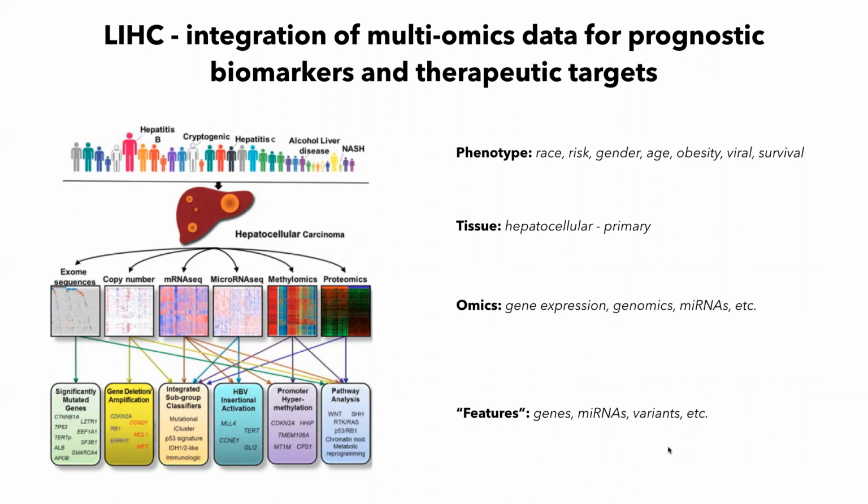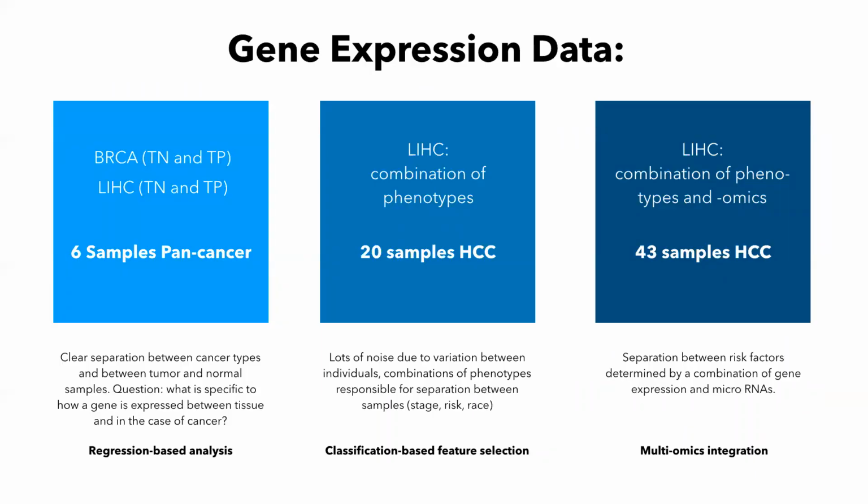To help you look at this data, here are 3 example projects. One is, can we look at gene expression in the context of pan-cancer? So if we have cancer tumors arising in different tissues, for example, breast and liver, do they share anything in common?